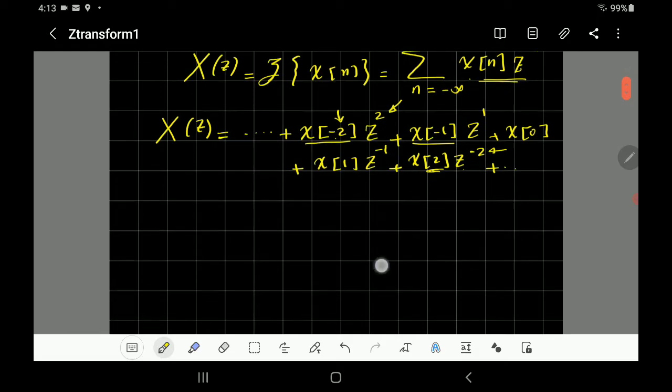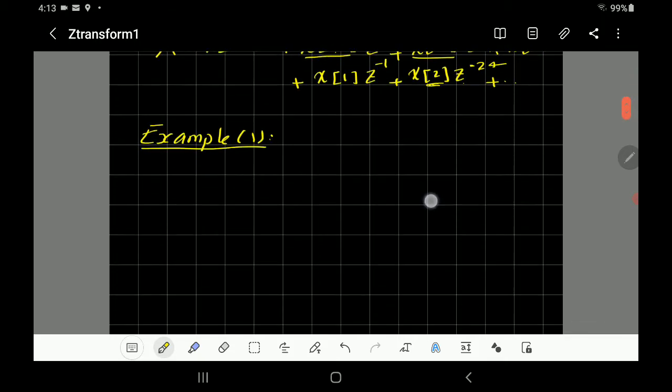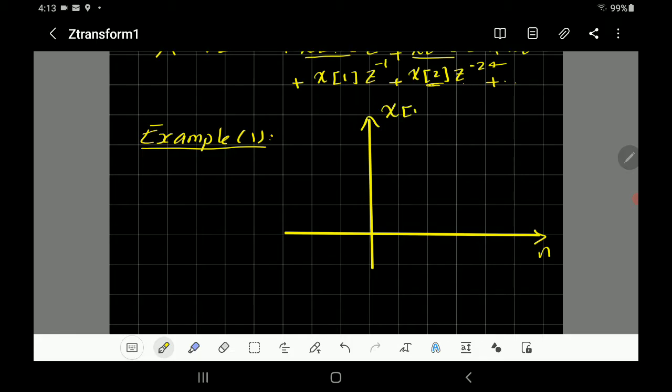Well, let's take a very simple example to see how it looks. Let's say we have a sequence defined over n, and that's the horizontal axis, and I'm going to sketch or plot this function.